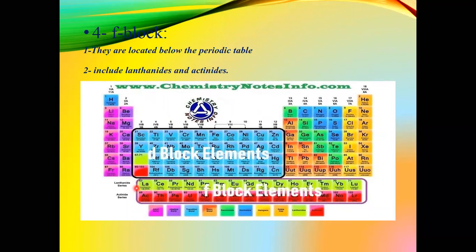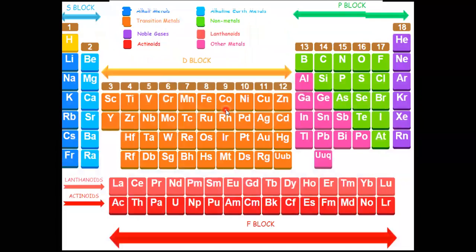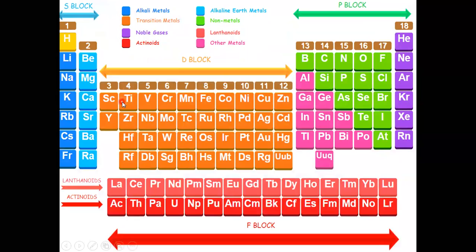Actinides والlanthanides they are located فين؟ below the periodic table. يبقى لو بصينا هنلاقي ده S block 2 groups، ده P block 6 groups، وفي in the middle D block 10 groups، و below the table F block اللي هم lanthanides and actinides. تعالوا نشوف هنا نفس الكلام S, P, D and F block.